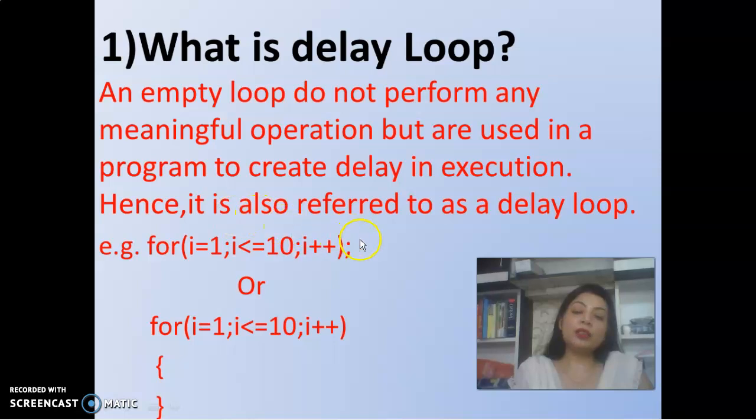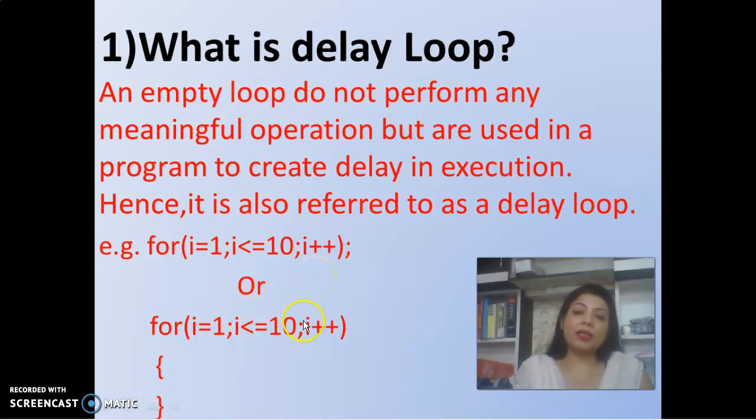This semicolon means end of statement, so the loop will end over here. This loop will continue 10 times but nothing to execute. It just takes some time or pauses for some time during execution of any program.